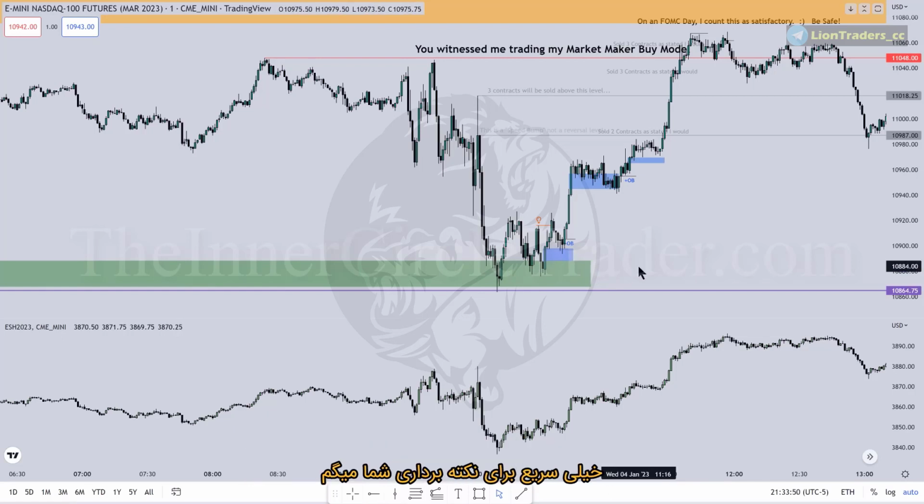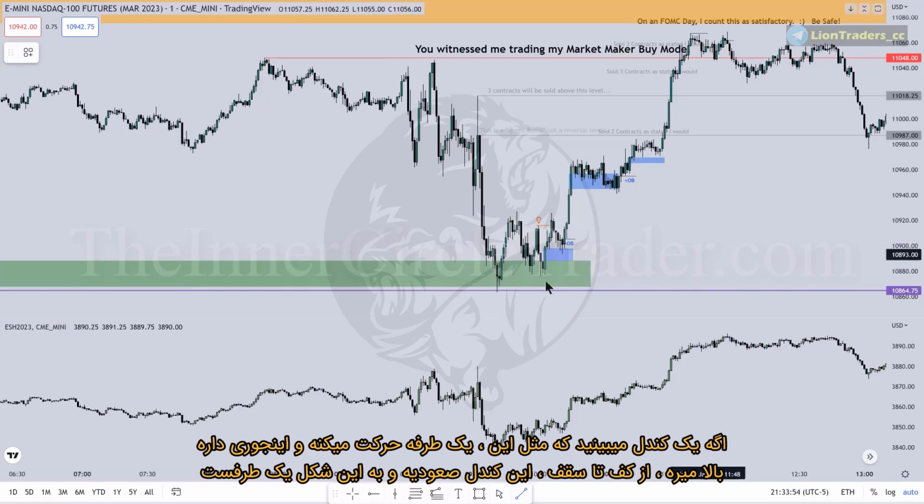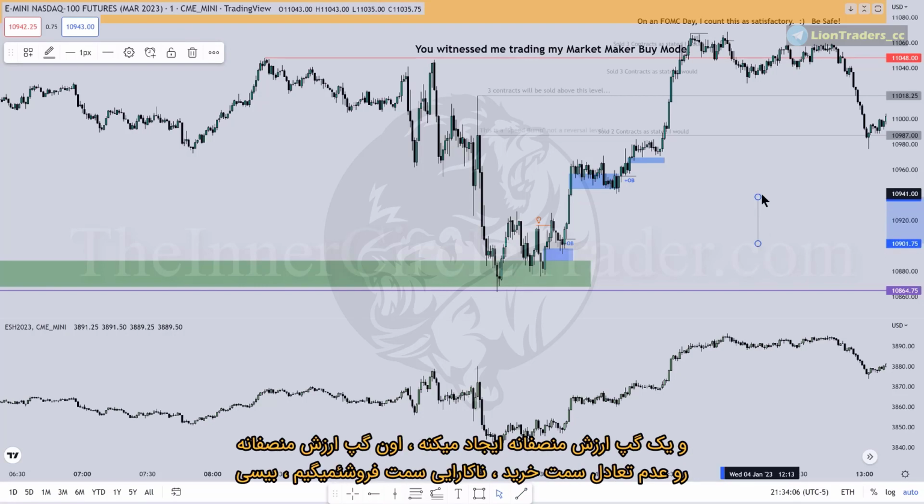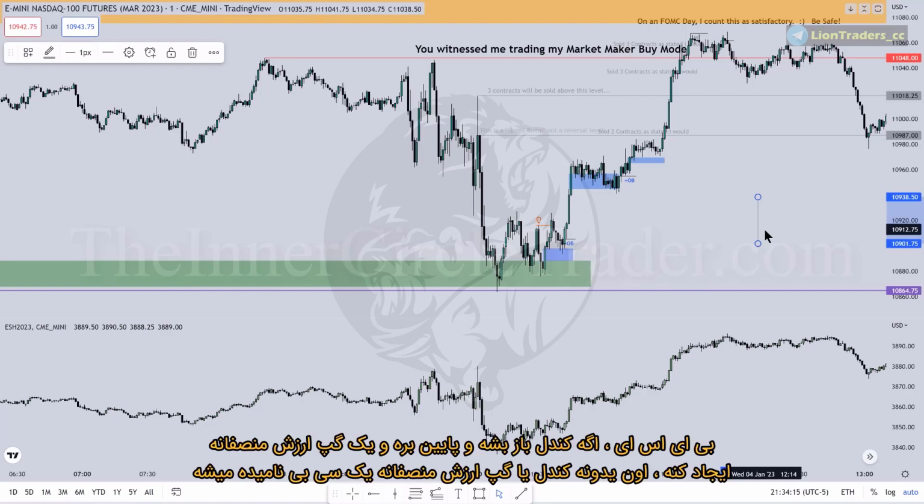Real quick for your notes, if you see a candle that's moving one way, going up like this, so from low to high, and it's an up close candle, and it's one single pass like that, and it creates a fair value gap, that fair value gap is labeled a buy side imbalance, sell side inefficiency, BISI, B-I-S-I.